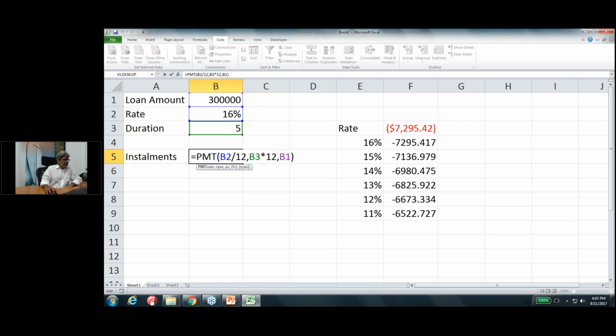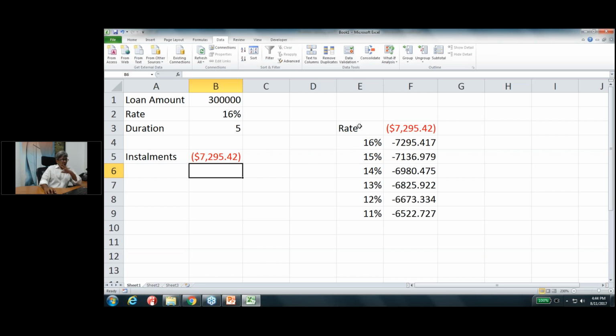The duration is 5 years, so we need to multiply it by 12 to synchronize with the months. Then we have B1, which is the present value. So we have all 3 parameters in place, and when I click that, I get the answer for this particular loan arrangement. I need to pay rupees 7,295.42. I think the function is clear, right?